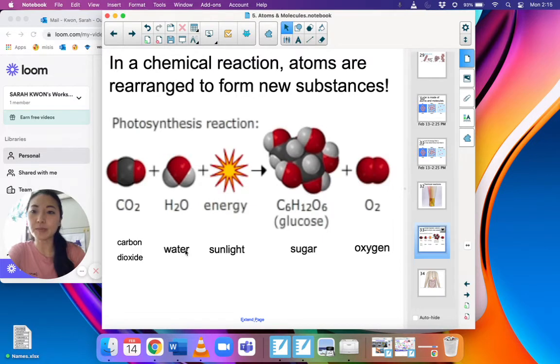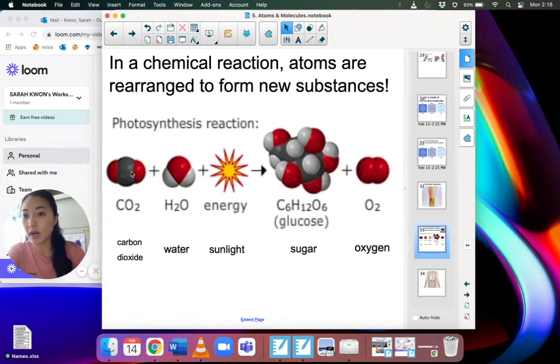And this is what plants do, photosynthesis. What they do is they breathe in carbon dioxide. Okay, look at this carbon dioxide molecule. One big carbon stuck to two oxygens, similar to H2O, but the angle of the atom connections are a little different. This one is H2O, which we talked about. So plants need water, which they suck in through their roots.